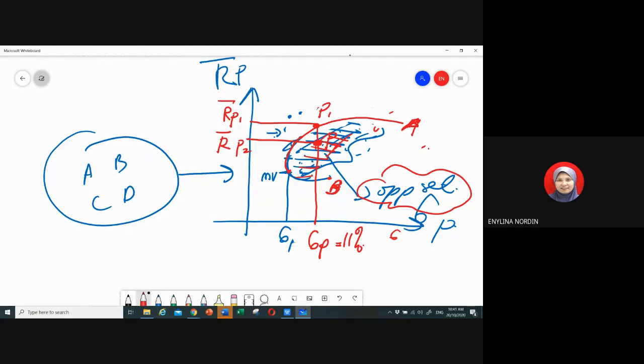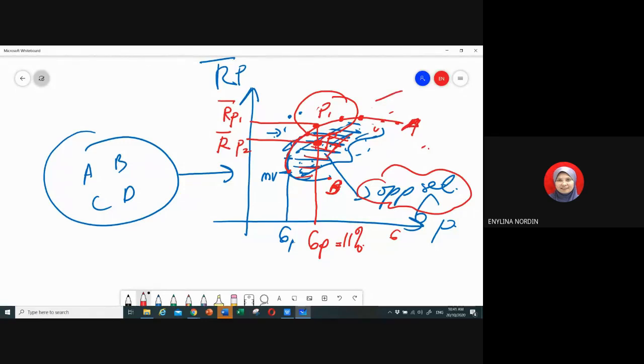So as the investor, which one do you want to choose? Of course we will choose portfolio 1. At the same standard deviation, portfolio 1 gives you higher returns. That's why any point that lies on this curve is considered the efficient frontier or efficient set.